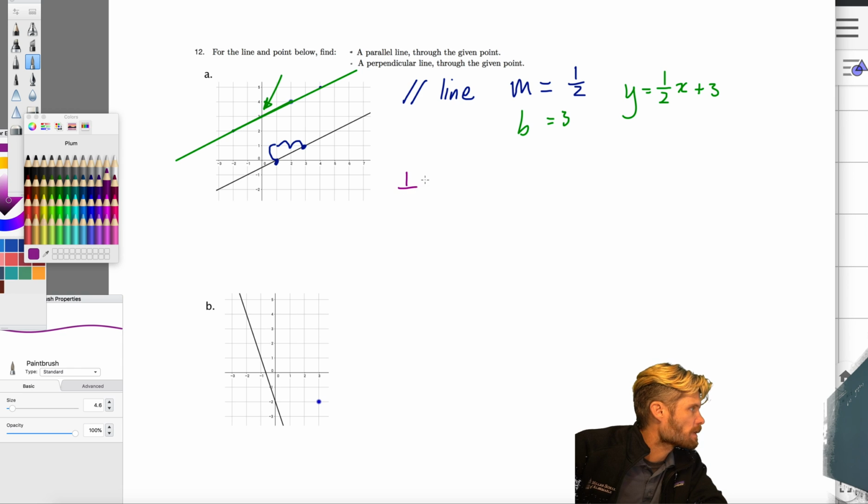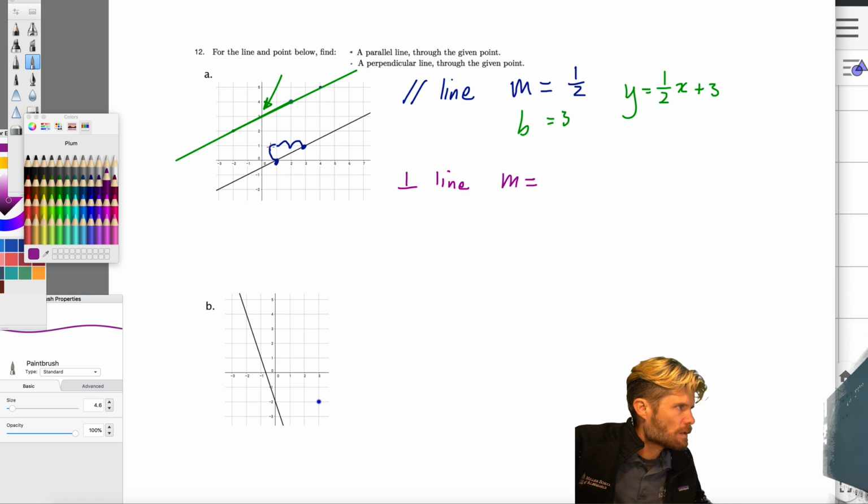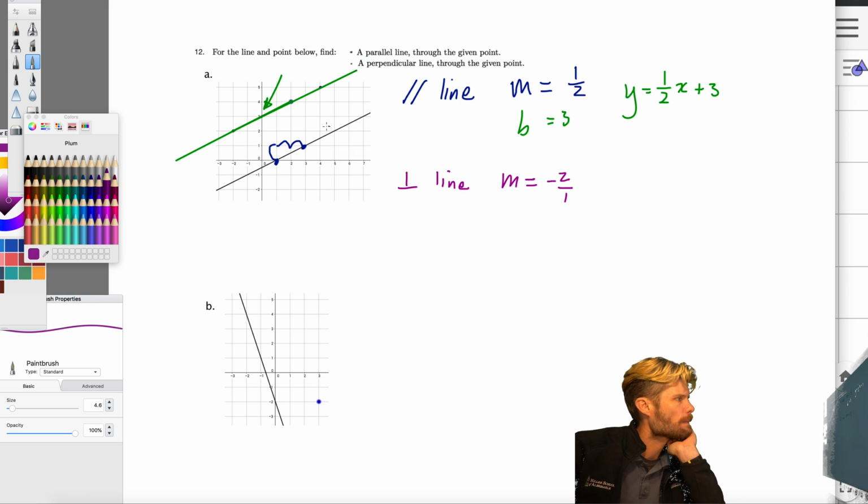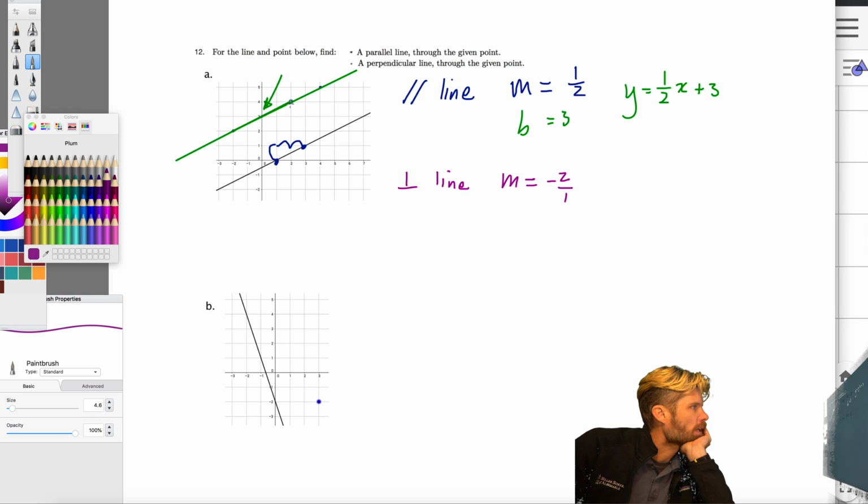Now the equation for perpendicular, we need the slope to be negative and reciprocal. So we know that the slope of this line right here is up 1 over 2. So we need to make it negative and then change the numerator and the denominator. Now, we could go from this point and we can go down 2 over 1, or up to the left 1.